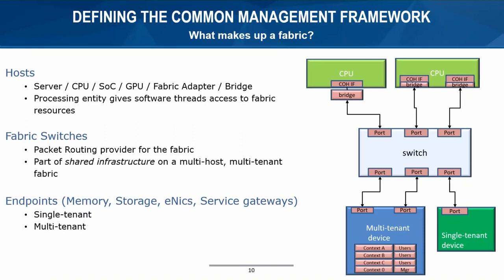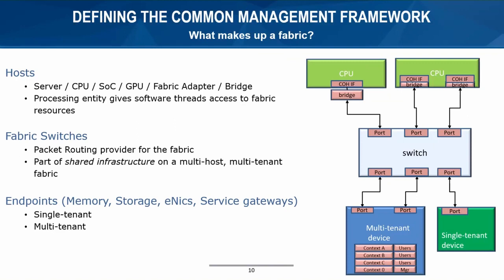They're often part of the shared infrastructure on a multi-host, multi-tenant fabric, and therefore switches are generally not under control of any one client. And switches come in different flavors. They can be symmetric, where you can plug any type of endpoint into any port, or they can be specific, where certain types of endpoints can plug into certain ports.